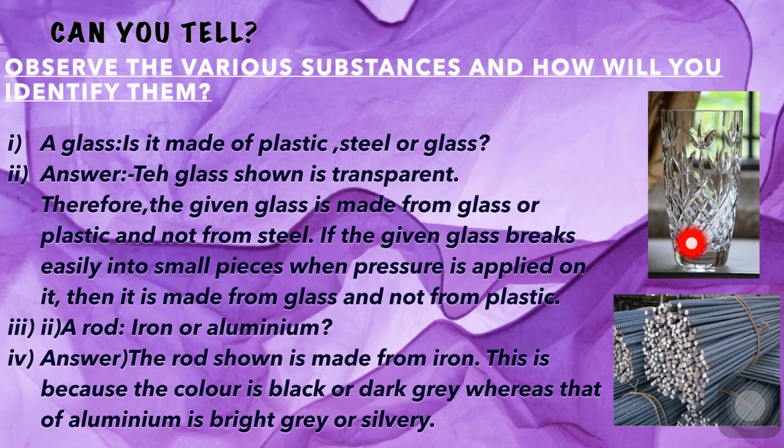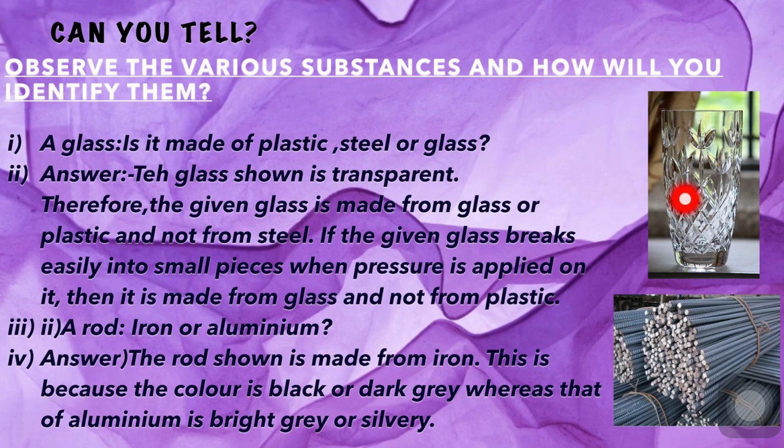So therefore the given glass is made from glass or plastic and not from steel. If the given glass breaks easily into small pieces when pressure is applied on it, then it is made from glass and not from plastic. So first we see whether the glass is transparent or not.